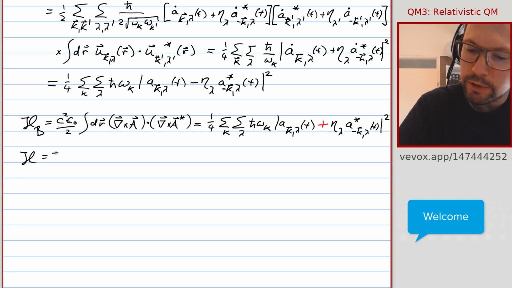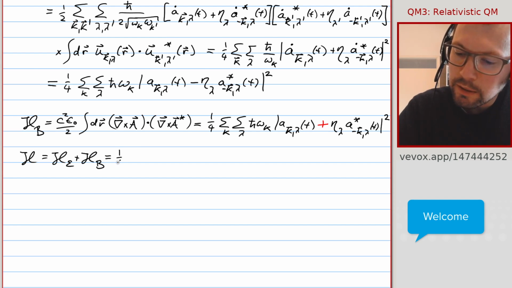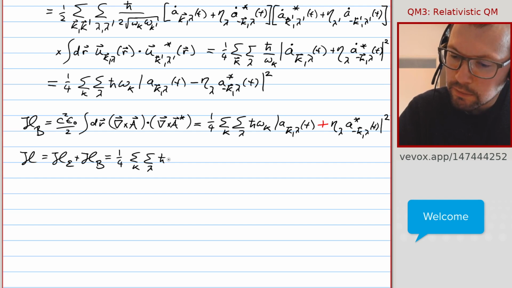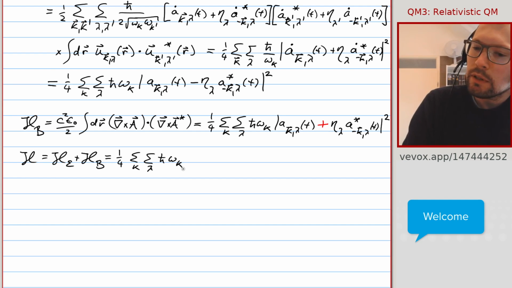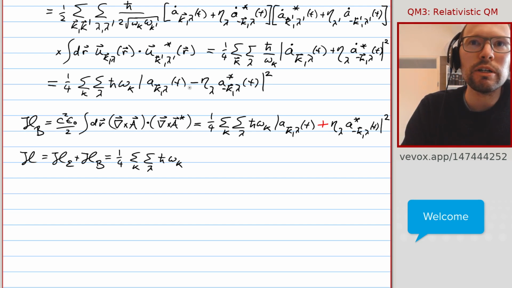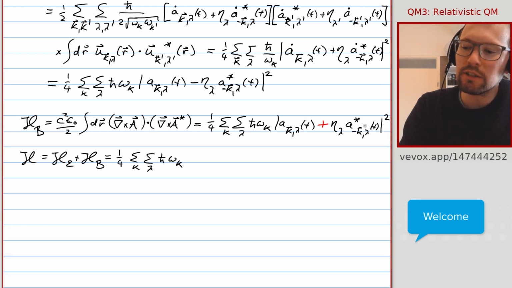So we can work out what the end result is by adding these up. So we're taking the absolute value squared of a complex number minus a complex number plus the absolute value squared of a complex number plus another complex number.